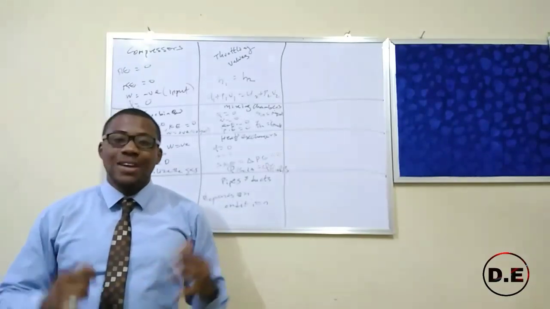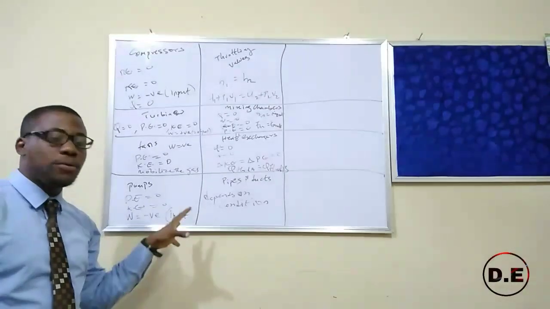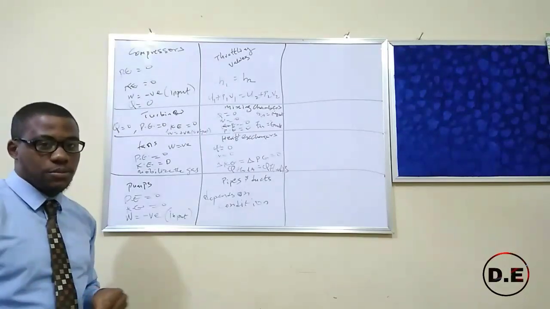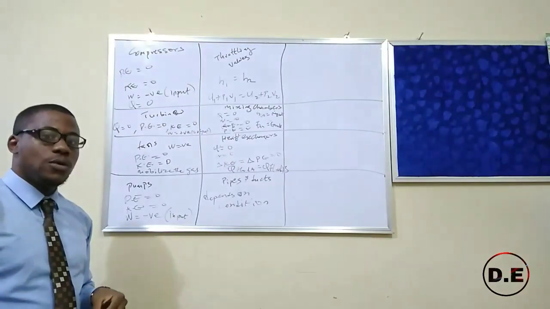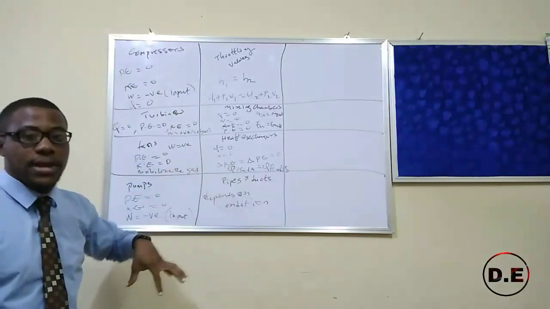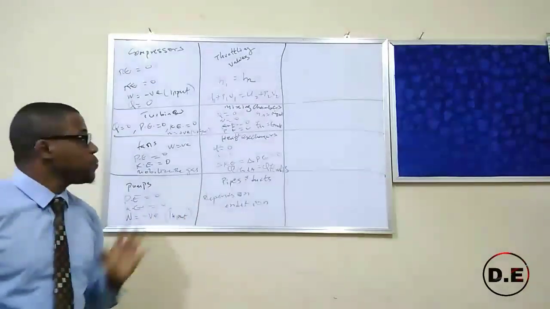Now these things give you an idea on how to apply the equation for open systems, that is for steady flow systems. So when you have these equations, you know which part of the equations remain and which part goes to 0.